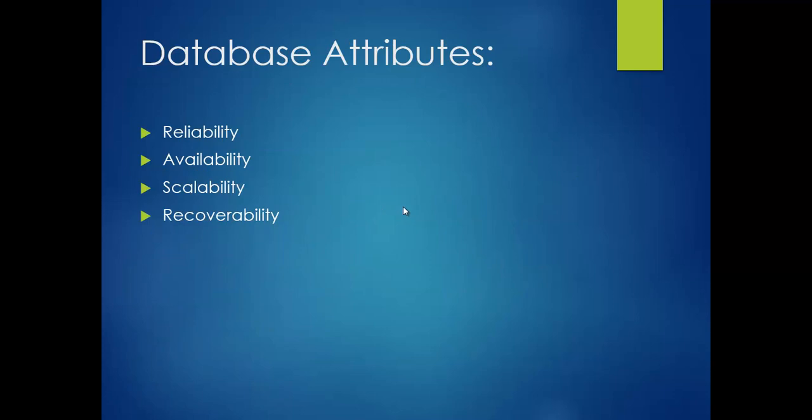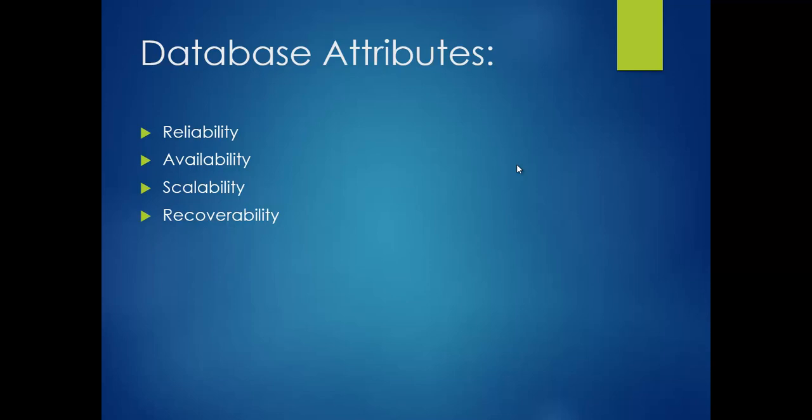How about the database attributes? For database, we're looking for reliability, availability, scalability, and recoverability. And we need to understand the meaning of each one of them. So explore those attributes and know exactly what they mean, especially the last one, recoverability.